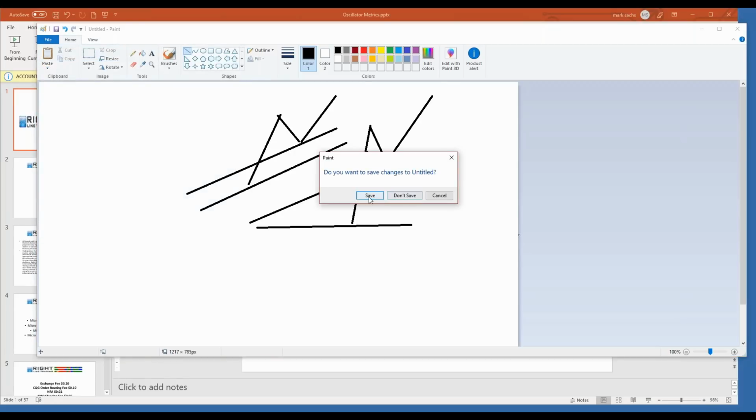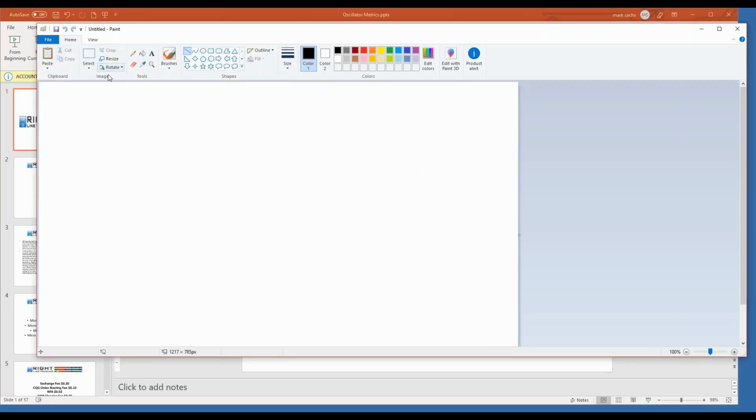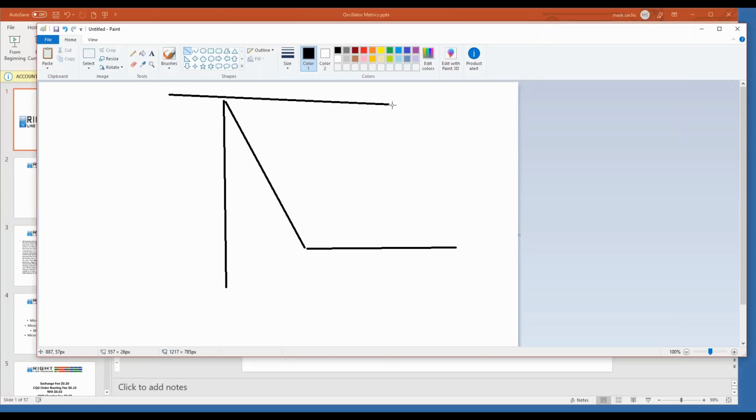I don't know for sure if they actually do, but you can also look at a bull flag pattern. There's the flagpole, there's the retracement, there's the area of consolidation. Here's the area of upside resistance.